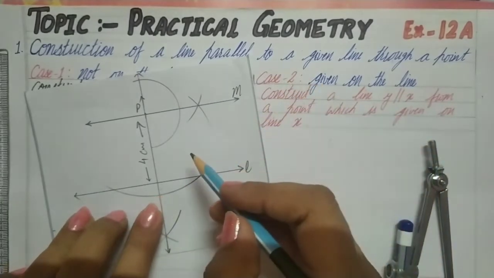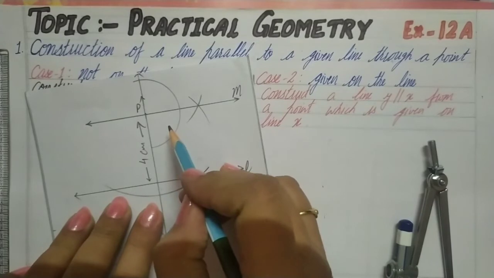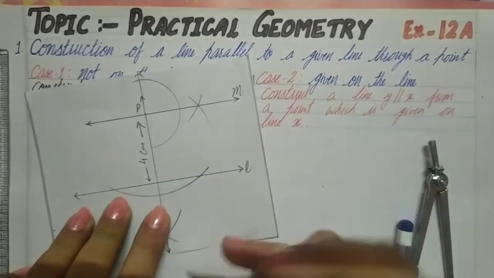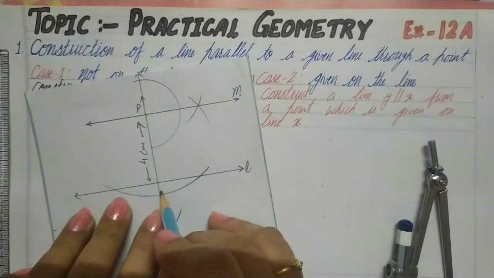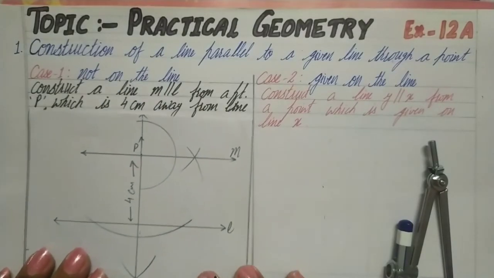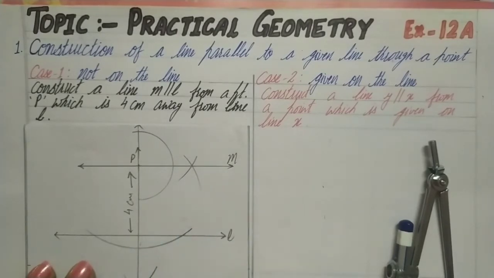And if we talk about the corresponding angles, these are on the same side of the transversal, one in the interior and another in the exterior of the two parallel lines. So this one is of 90 degree, similarly this is also of 90 degree. So here is line M at a distance of 4 centimeter, which is parallel to line L.